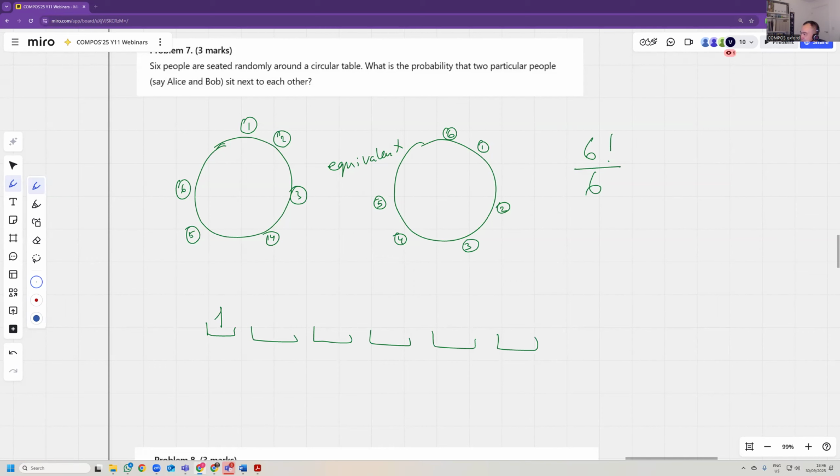For seating around a circular table, arrangements differing by rotation are considered the same.